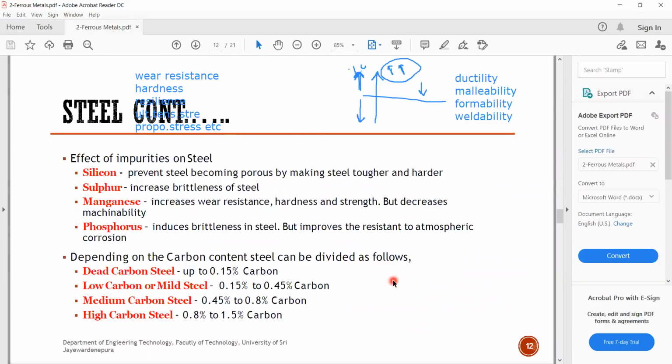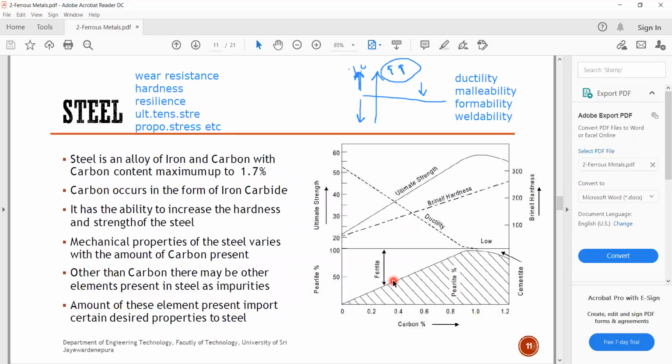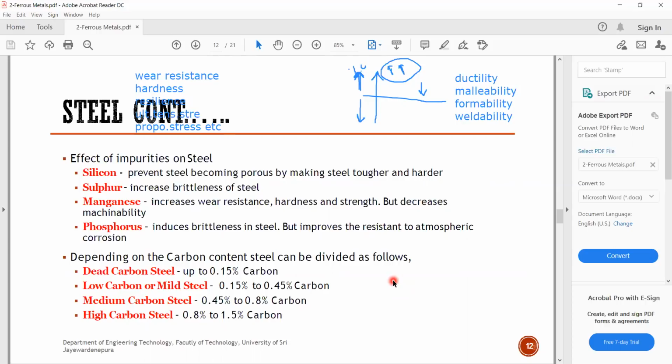This one I already taught you. Steel has carbon and iron. Other than that, it has impurities. So what are the impurities available in steel? Silicon, sulfur, manganese, phosphorus, right? These are the non-ferrous metals.